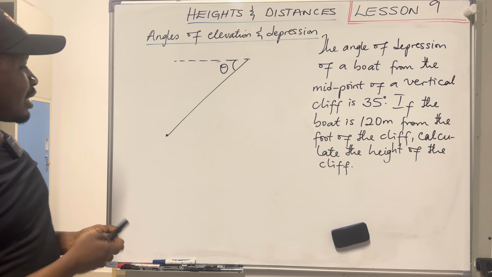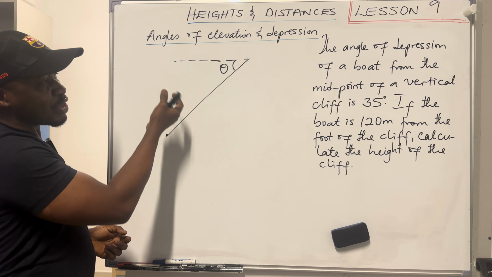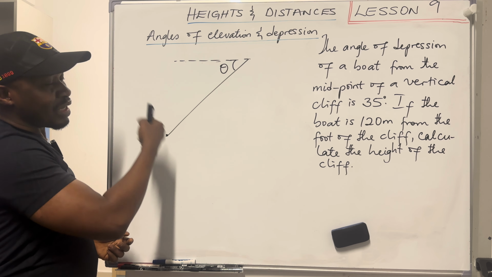Most times, having mentioned depression or elevation, they will first of all discuss what? The location of the object. Mind you, my own explanation is referring to we have location or object and we have the angle. So you need to get that. The angle of depression, the angle is up, of a boat, meaning the location of the object is here.